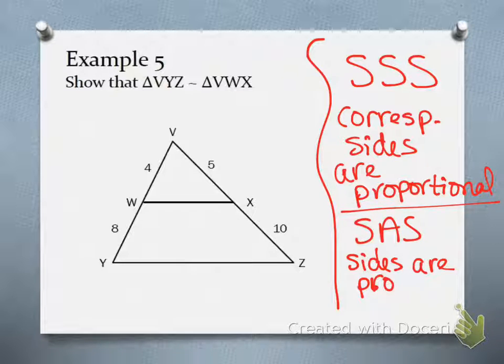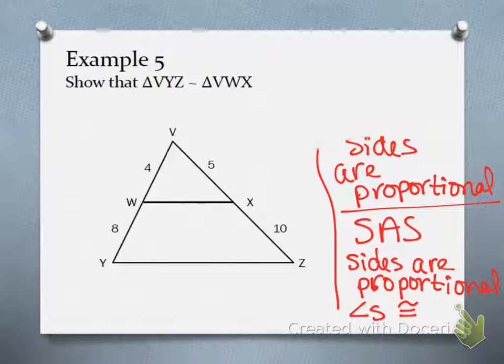Wonderful. Sides are proportional. Angles are congruent. Okay, that's a recap of what we talked about yesterday. Also with side, angle, side, remember the angle has to be in between the sides that we're talking about. All right, that was a wonderful recap.